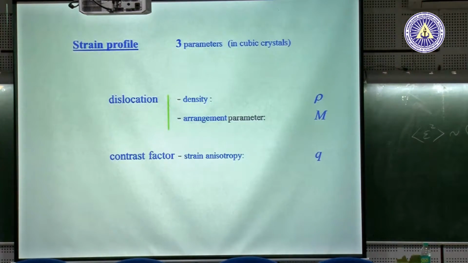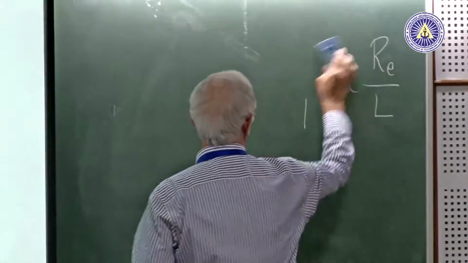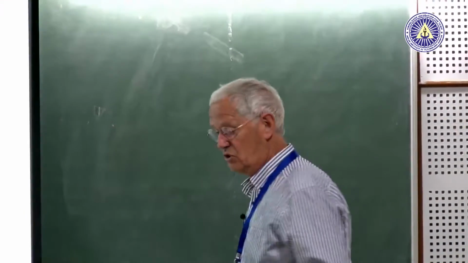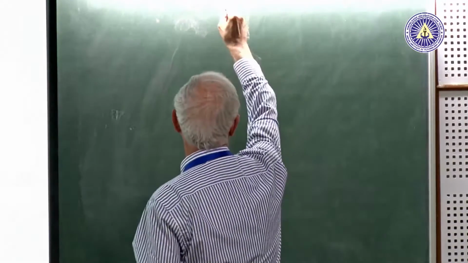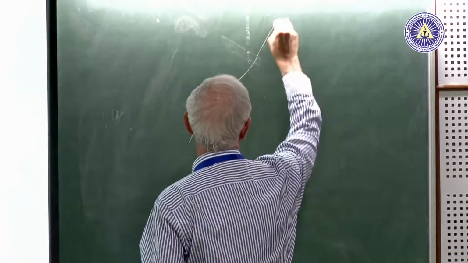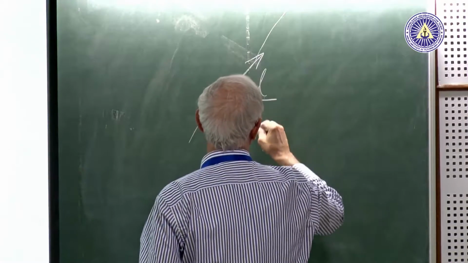And I didn't talk about one quantity, this C. There is a factor which gives you the correlation between the three vectors, because again, a dislocation has a line vector.